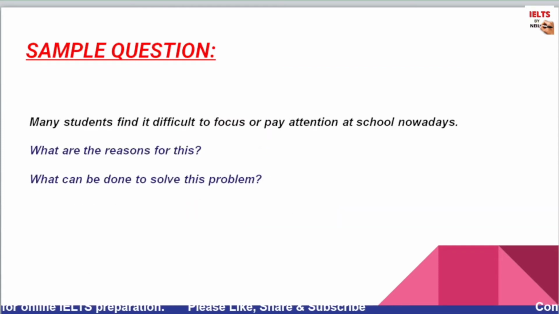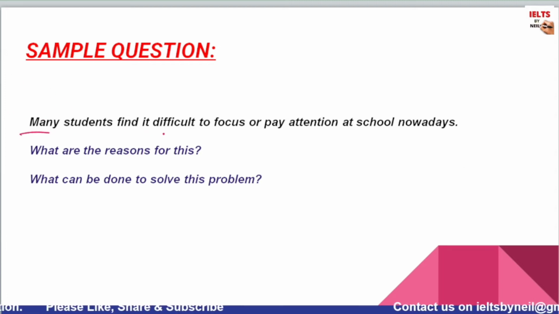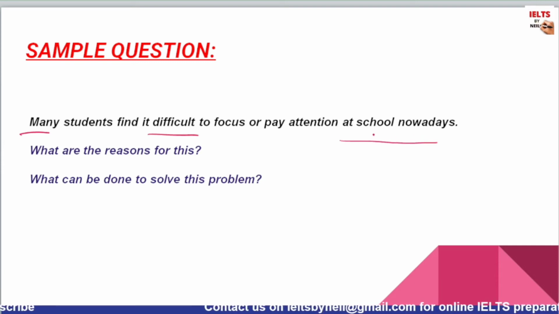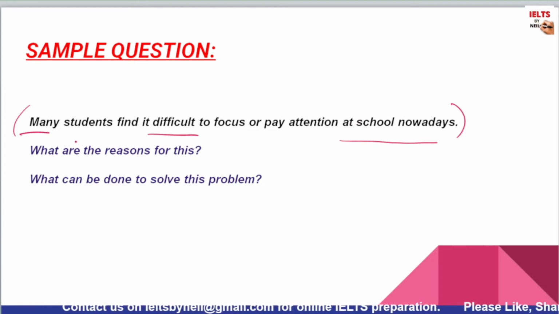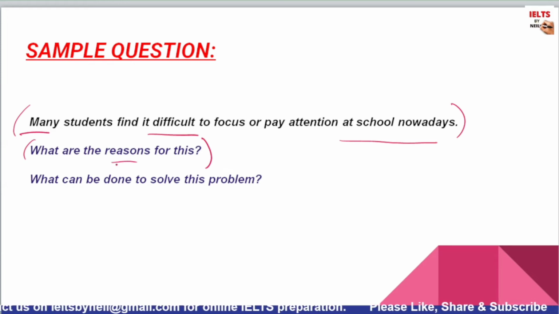So here is the sample question for you. Let's have a look at the question. The question is, many students find it difficult to focus or pay attention at school nowadays. So this is just a statement, or a situation given. What are the reasons for this? Reasons.